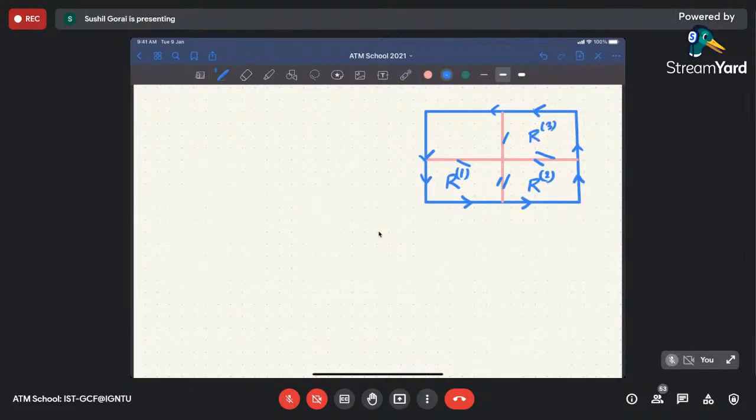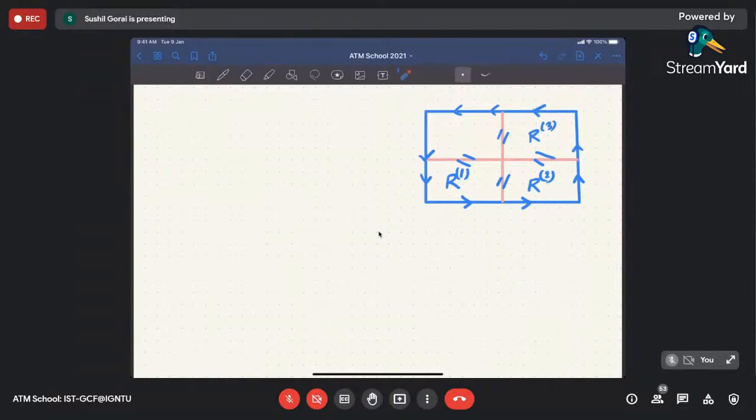And similarly here, you go this way, then this way, and this way, and then this way. You see this curve, this line, and this line is traversed twice, right? And in opposite direction.